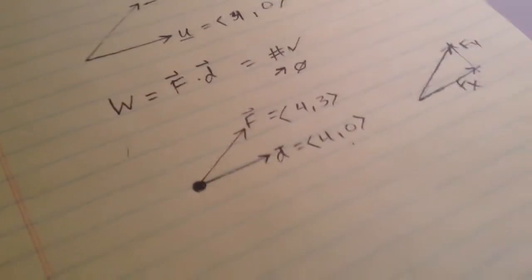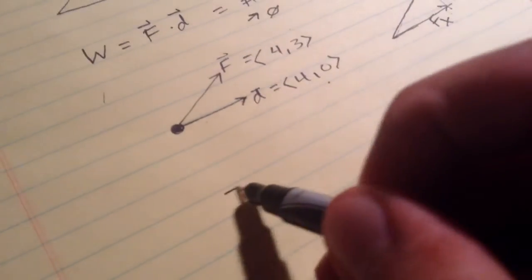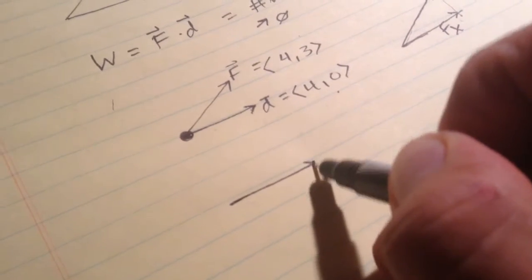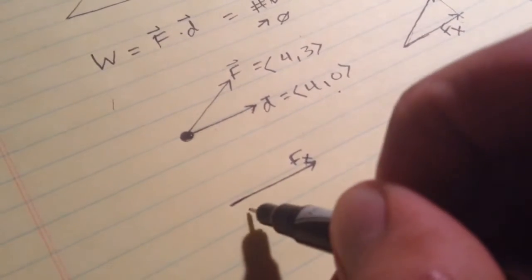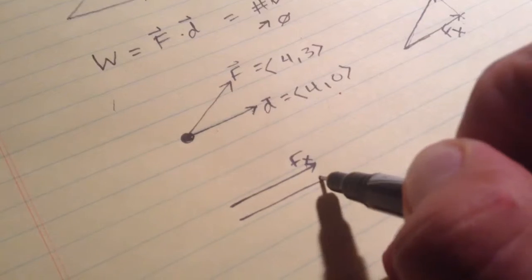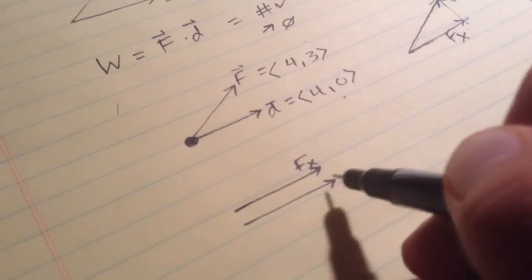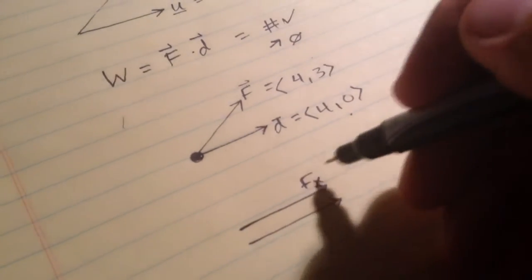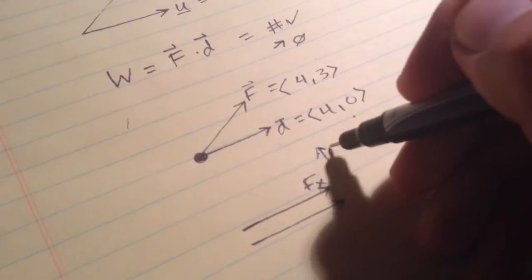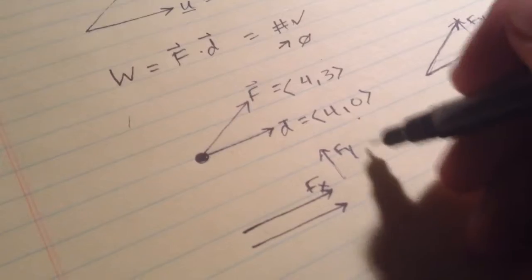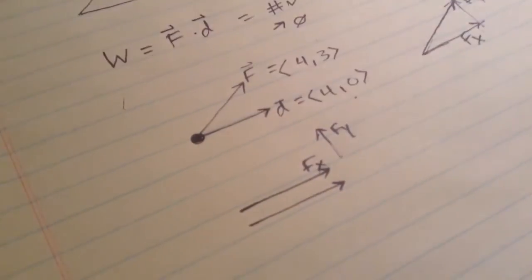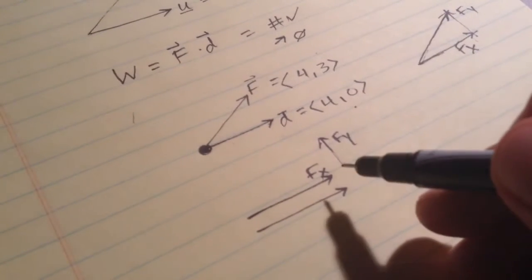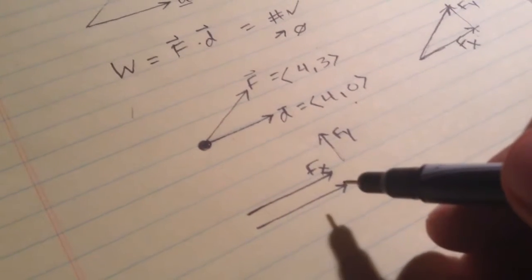But this f of x part moves the particle a certain distance d, which also happens to be along this line. They don't have to line up this way. But there's also the f of y part right here, but there's no d in this direction. So you put some force in this direction and you moved it this much.